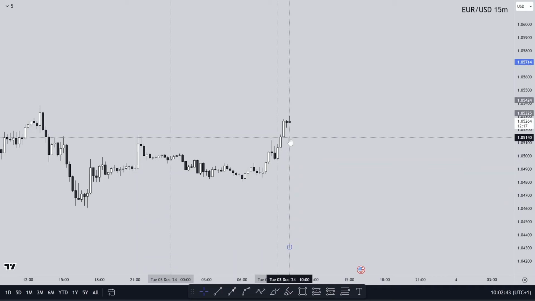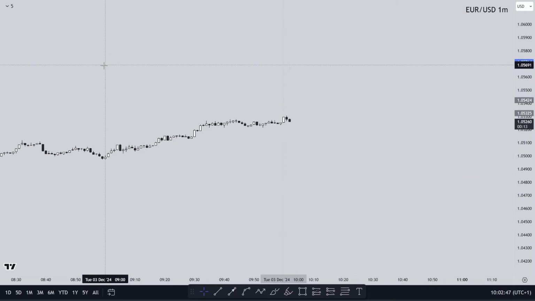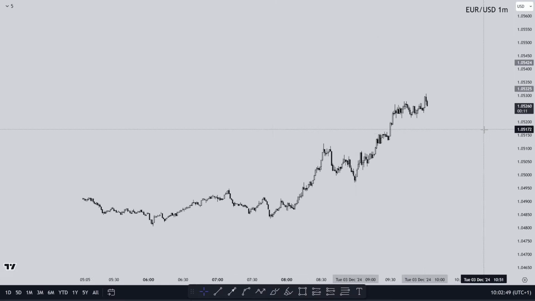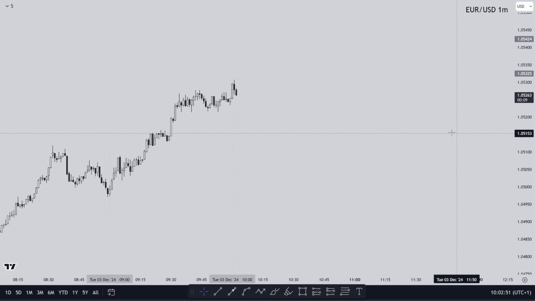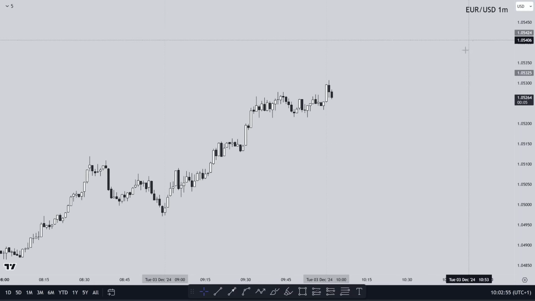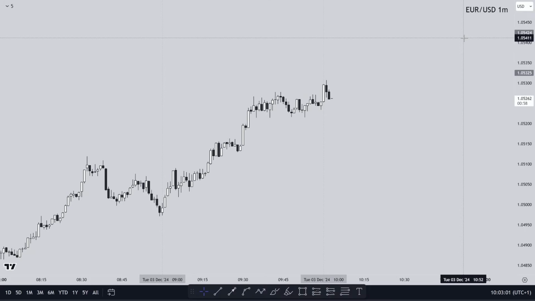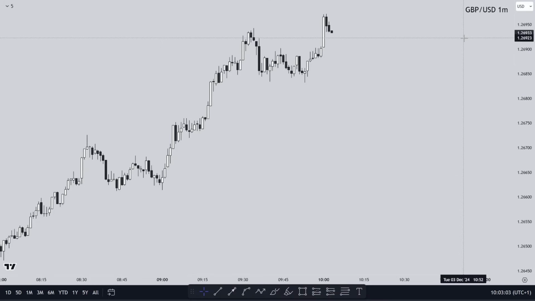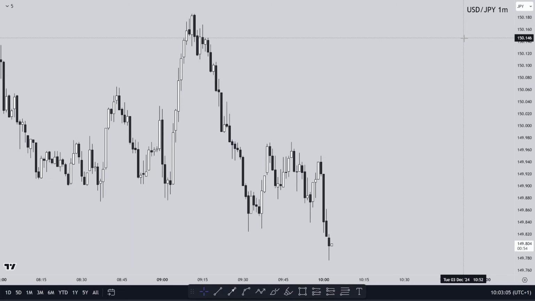And now it's 10 AM, so it's a very good time to try a setup on an asset. The asset I'm actually trading is euro-dollar. You can find it on the top right of the screen, or pound-dollar, or dollar-yen.